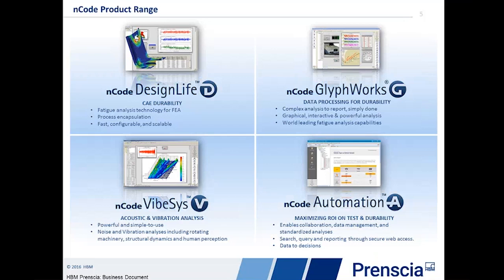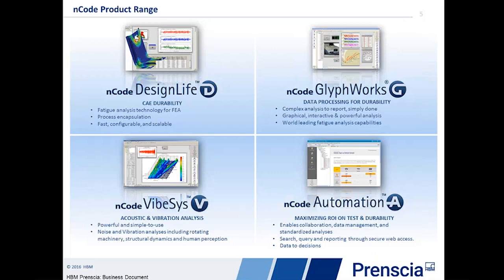DesignLife is one of 4 products that we have. The other products are nCode GlyphWorks, which is used to do data processing for durability. It's able to deal with large amounts of test data and graphically process that to get useful information out of it in terms of the input.